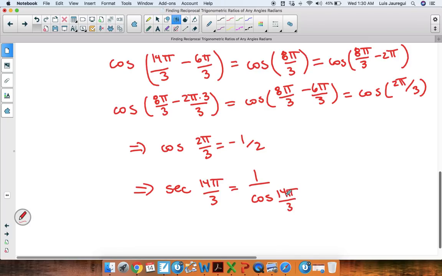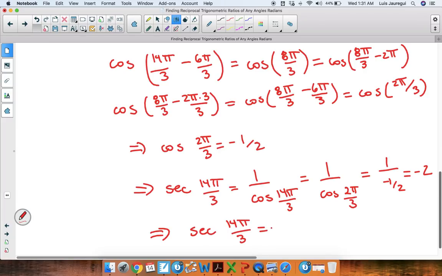But we said that cosine of 14 pi over 3 was the same as the cosine of 2 pi over 3. So we have that this is 1 over negative 1/2, or we can just say, okay, what's the reciprocal of negative 1/2? And that happens to be negative 2. So by the transitive property of equality, one can conclude that secant of 14 pi over 3 is equal to negative 2.